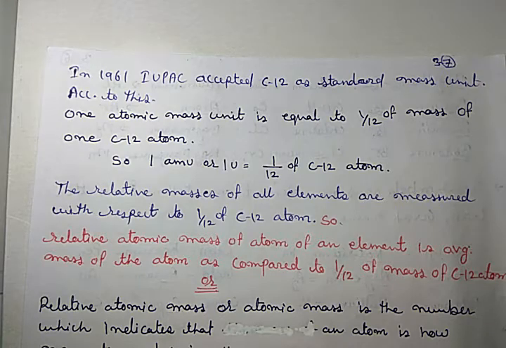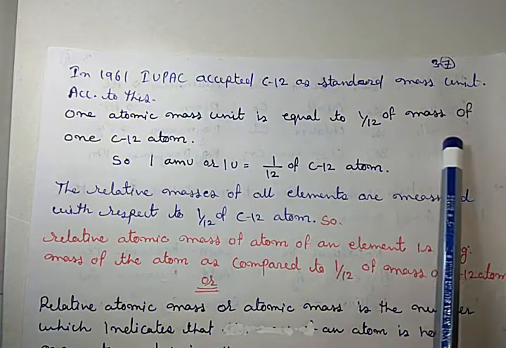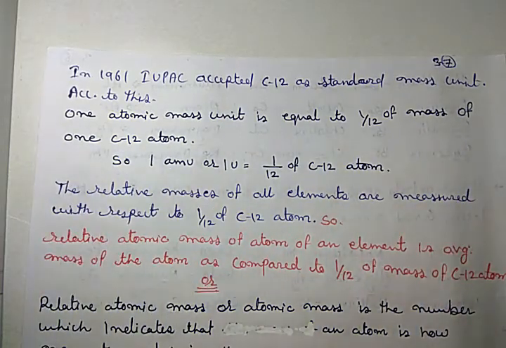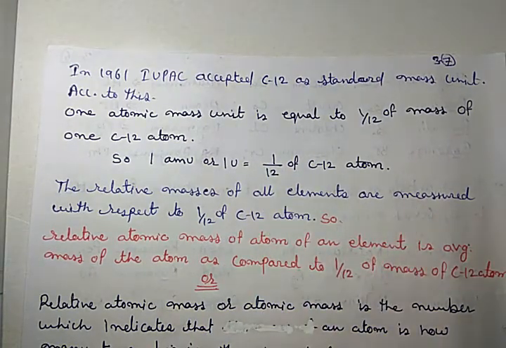According to the IUPAC concept of atomic mass, one atomic mass unit or 1 U is equal to 1 upon 12th of the mass of a C12 atom.